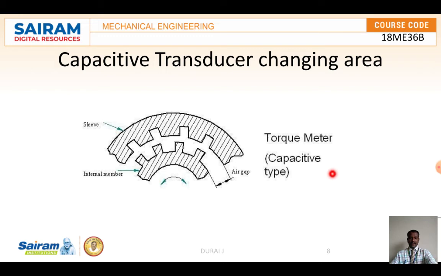Torque carried by an elastic member causes a shift in the relative position of the serrations, thereby changing the effective area. The resulting capacitance change may be calibrated to read torque directly. So here is a torque meter, with the air gap, the sleeve, as well as the internal member.